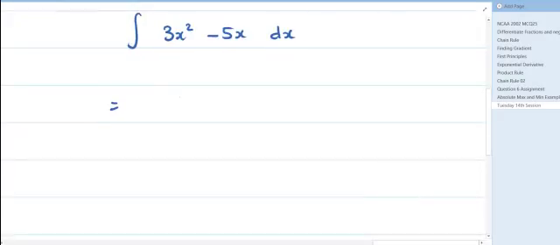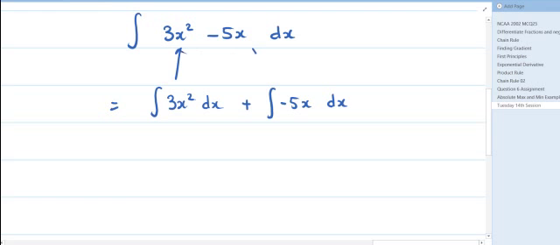So you can say antidiff of 3x squared dx plus the antiderivative of negative 5x dx. Okay? So you can split it up and solve them individually.